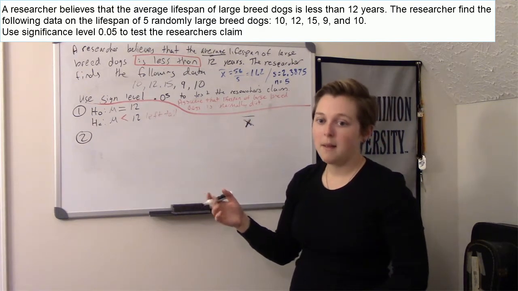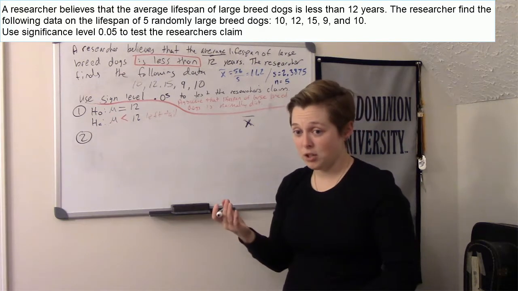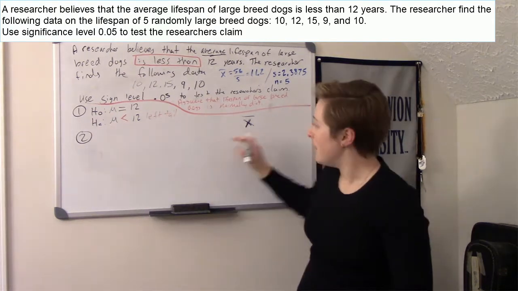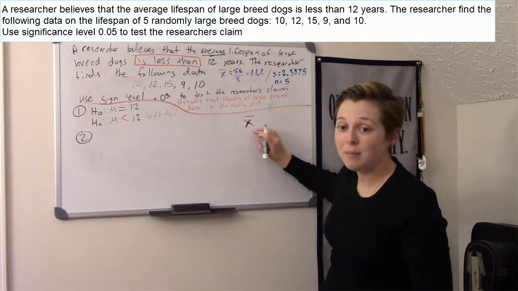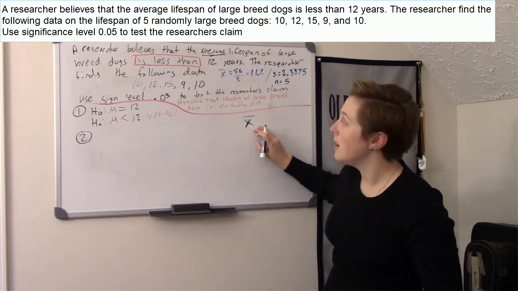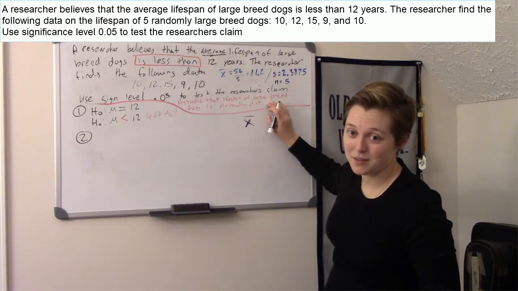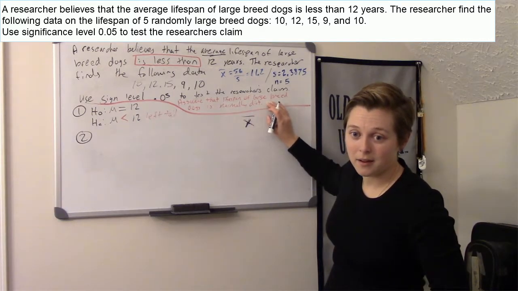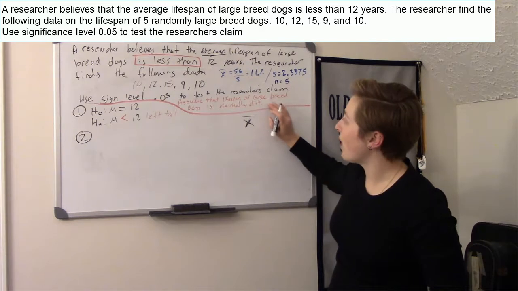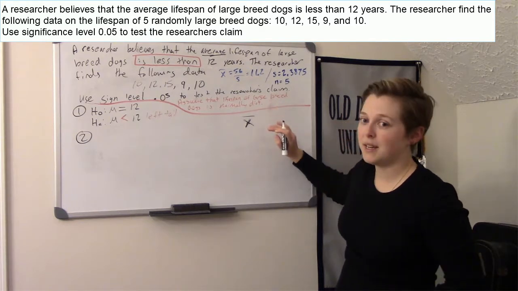But when n is small, then the sample mean will only be normal if the original data is normal. Okay? So lifespan is okay.